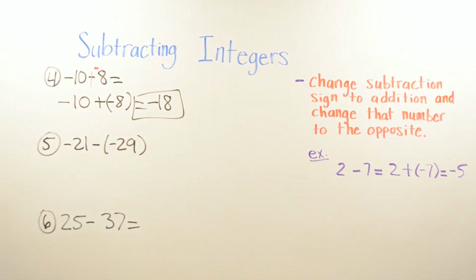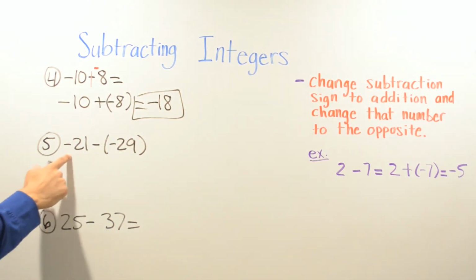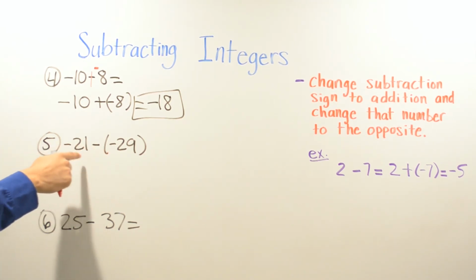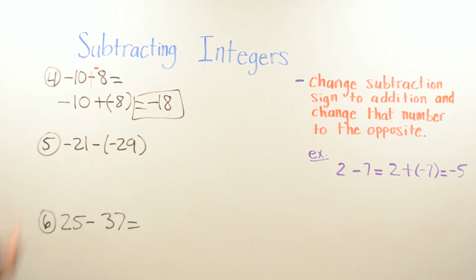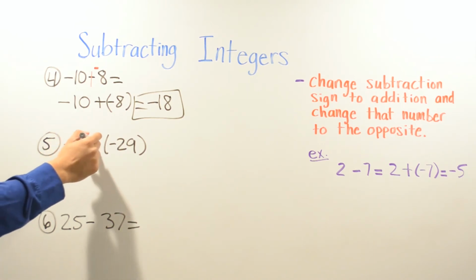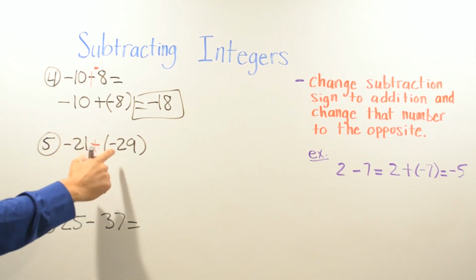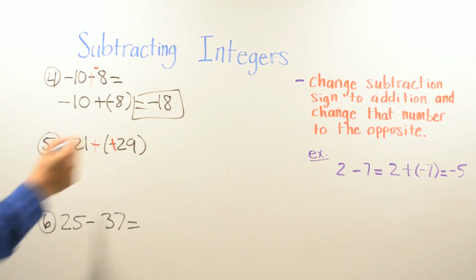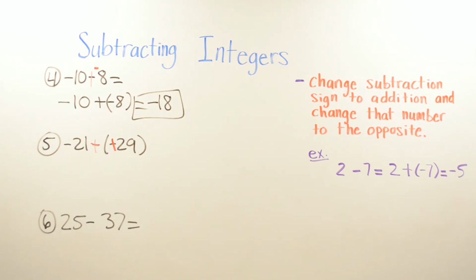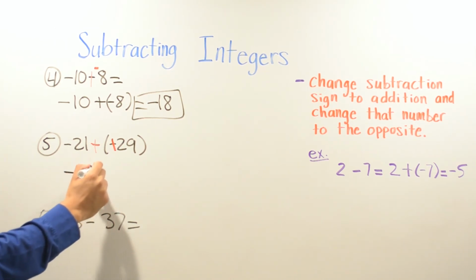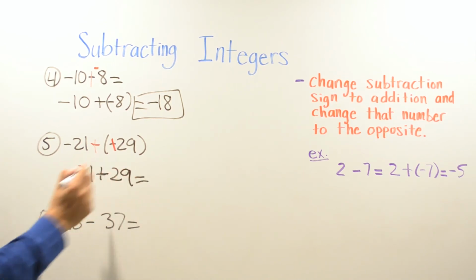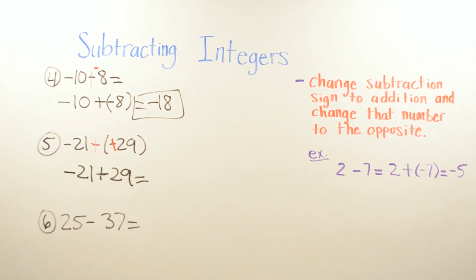Okay. For number 5, negative 21 minus negative 29, same thing. Turn this into a positive, and then this is negative 29, so we turn that into the opposite of negative 29, which is positive 29. So then we do negative 21 plus 29. Here we have a negative and a positive.